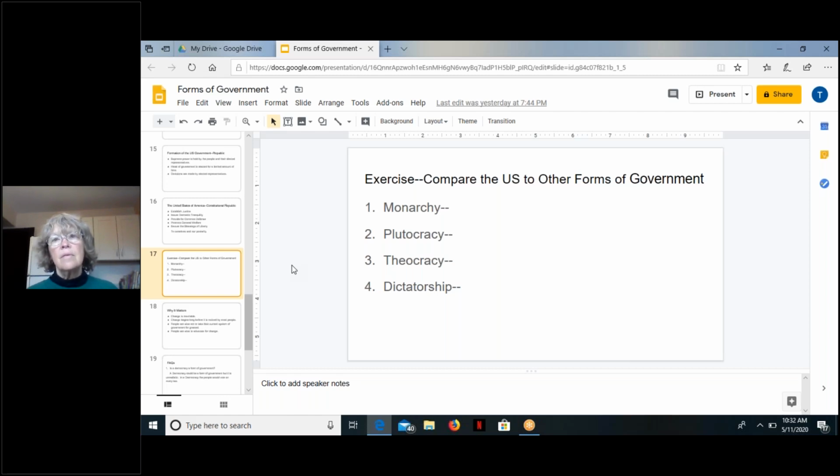And so a lot of us in America would probably describe what we see in Russia as a plutocracy, because it is a relatively few people with a lot of money and influence that call the shots. But they hold elections. They do have political parties. So they would not describe themselves that way.